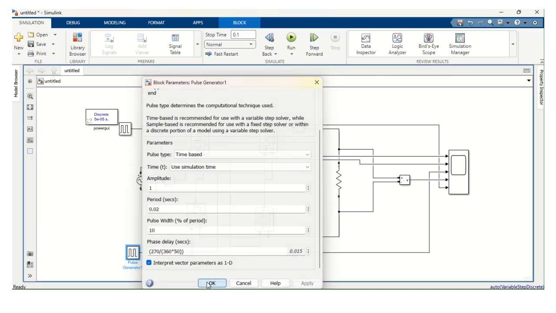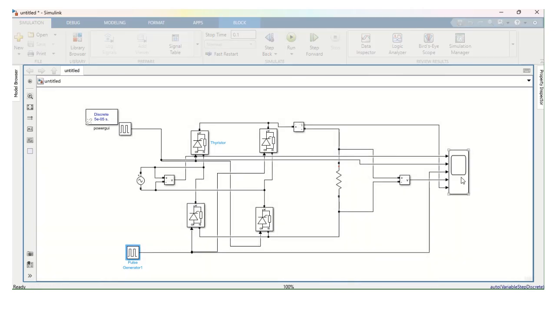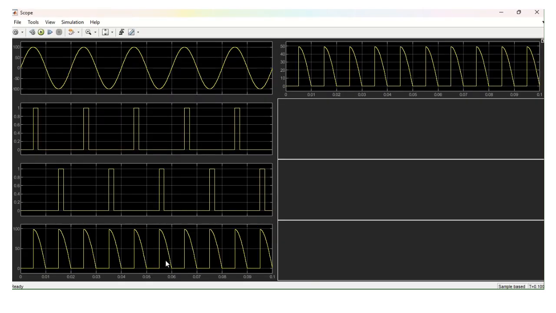Apply, OK. And now let's run the simulation. Double click the scope. And here you can see the output voltage and the output waveform. So that's all about the full wave rectifier controlled by SCR.